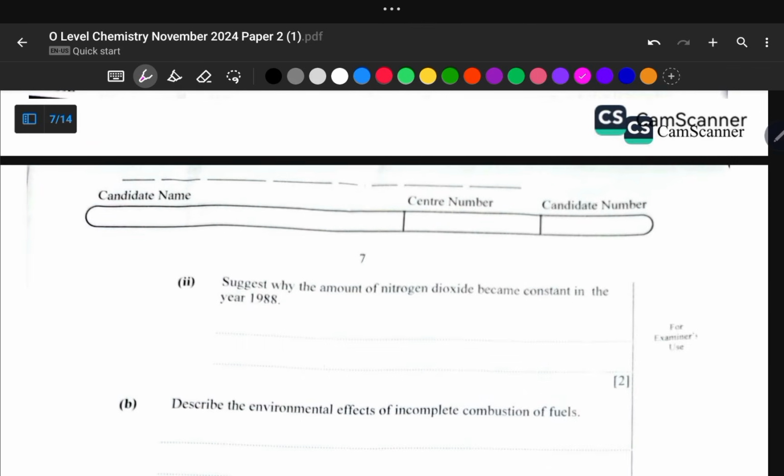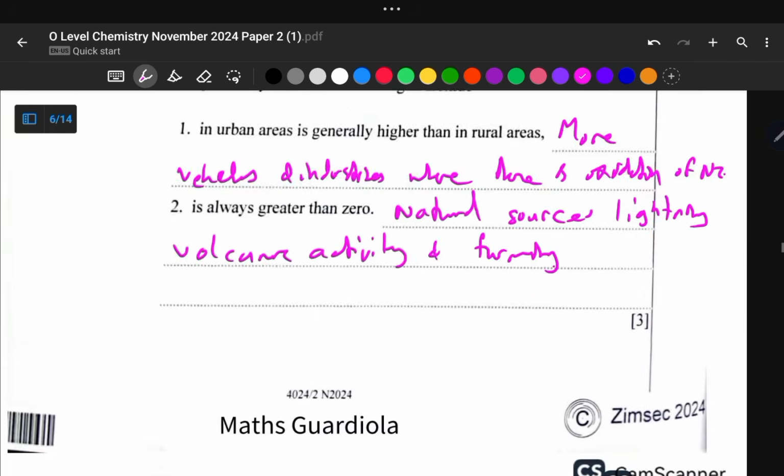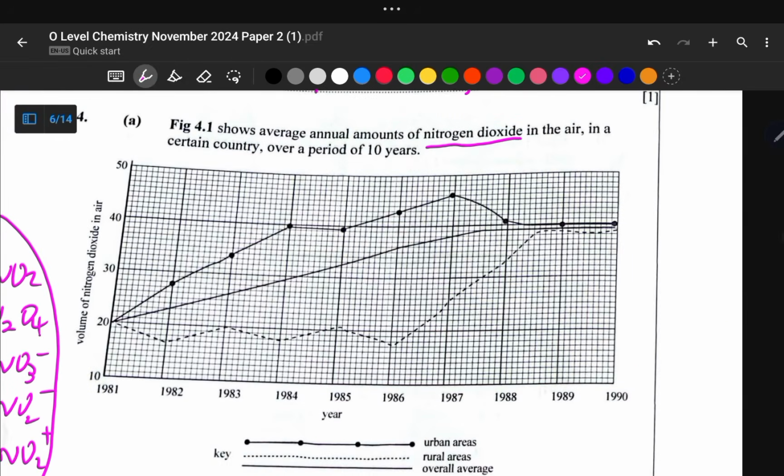Suggest why the amount of nitrogen dioxide became constant in 1988. So I want to confirm from the graph. So for 1998, yeah, the amount becomes constant here, right? So why does it become constant?